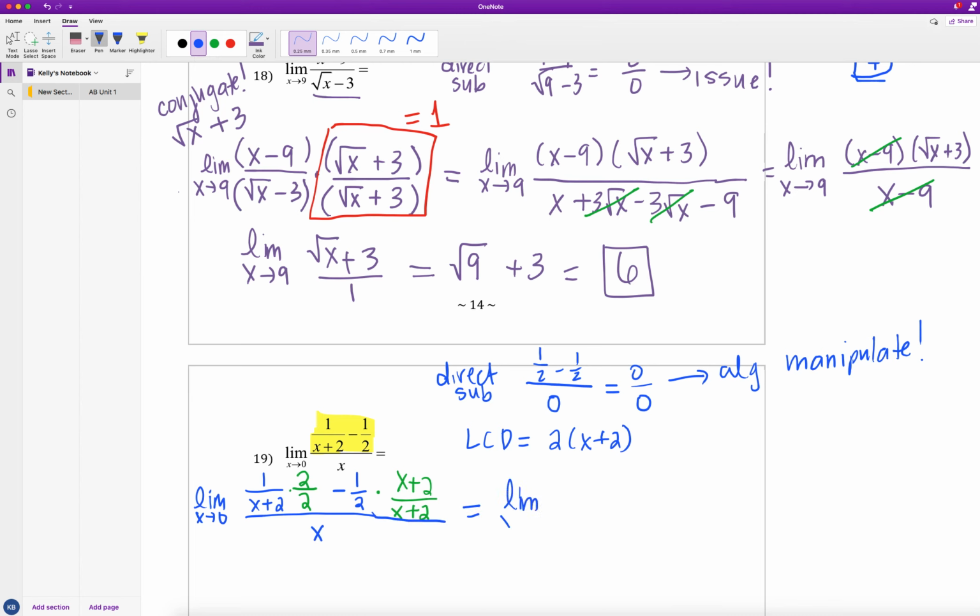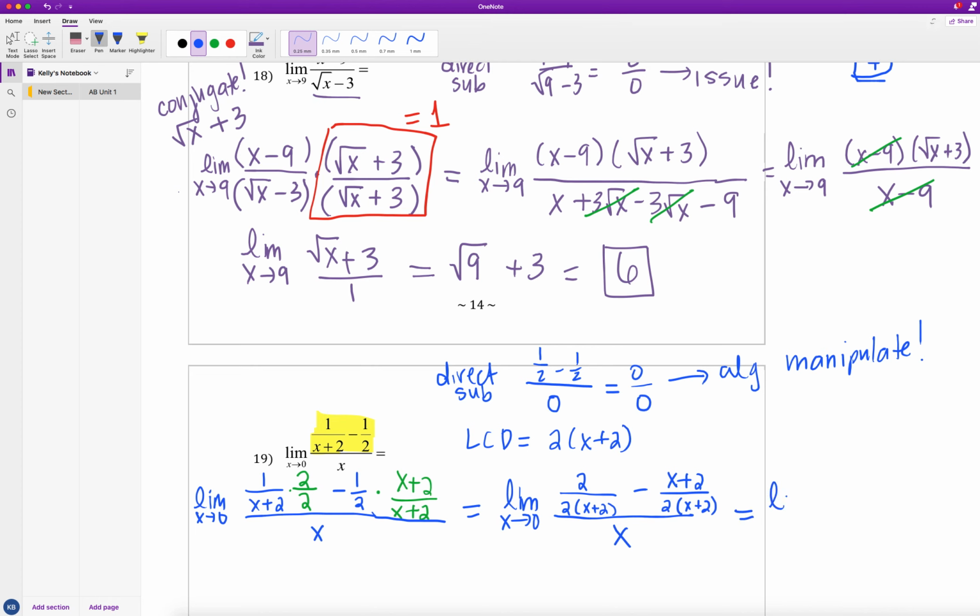When I do that then, I still have, of course, this limit, and I still have my original denominator of x. This first guy is going to give me 2 over 2 times x plus 2 minus x plus 2 all over 2 times x plus 2. Now, yes, I know I could cancel stuff out here, but that's not my goal. My goal is to get it down to be one fraction.